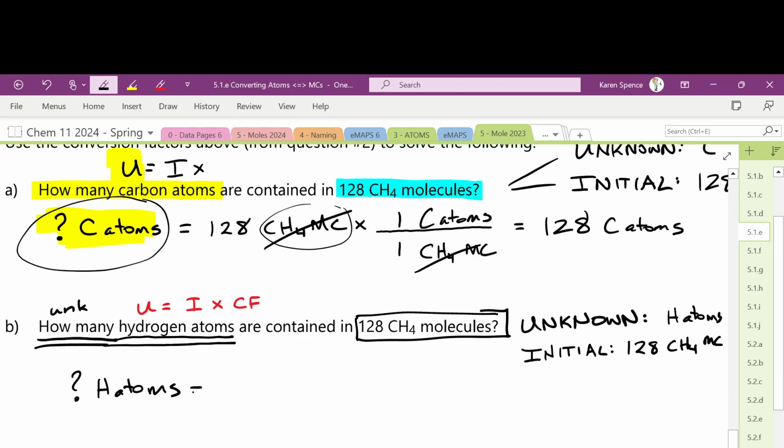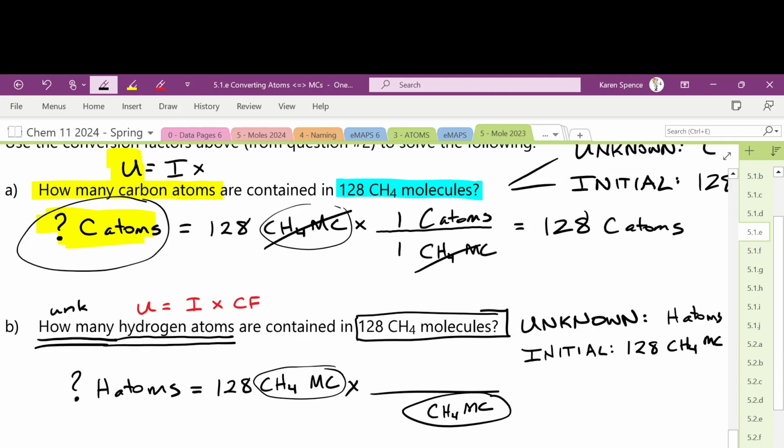And then equals your initial quantity, 128 CH4 molecules, times your conversion factor. So you draw your line, and your unit up here is going to go down at the bottom. So CH4 molecules. Okay, those will cancel out. And on the top, we are solving for hydrogen atoms, so we want hydrogen atoms on the top.